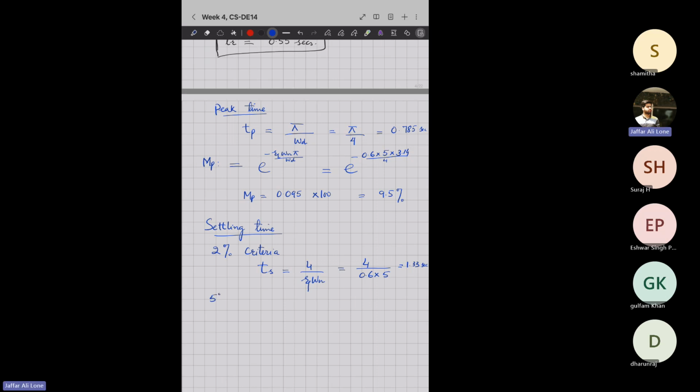Similarly, for the 5% criterion, settling time is 3 by zeta into omega n. That's 3 over 3, that's 1 second.